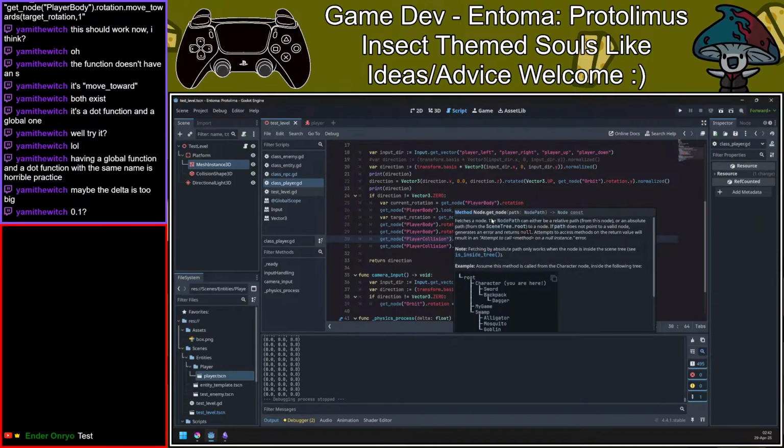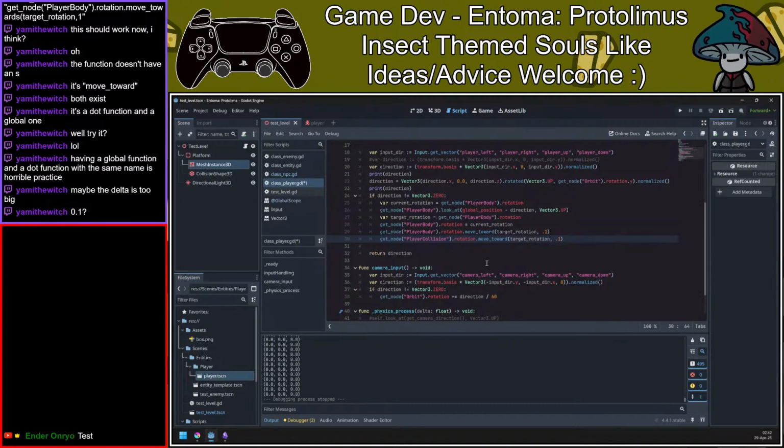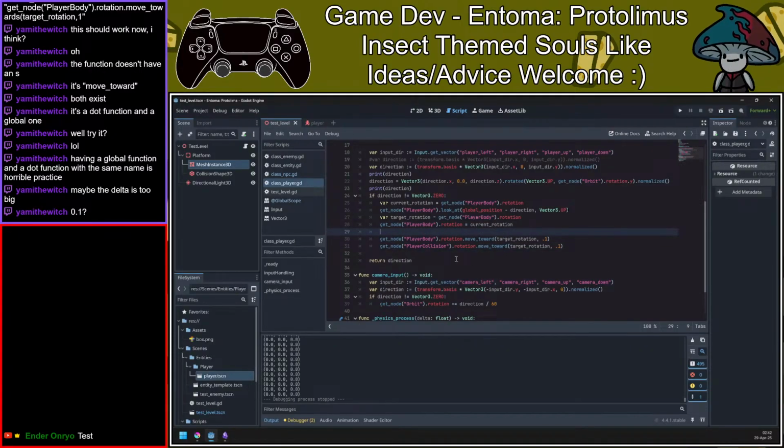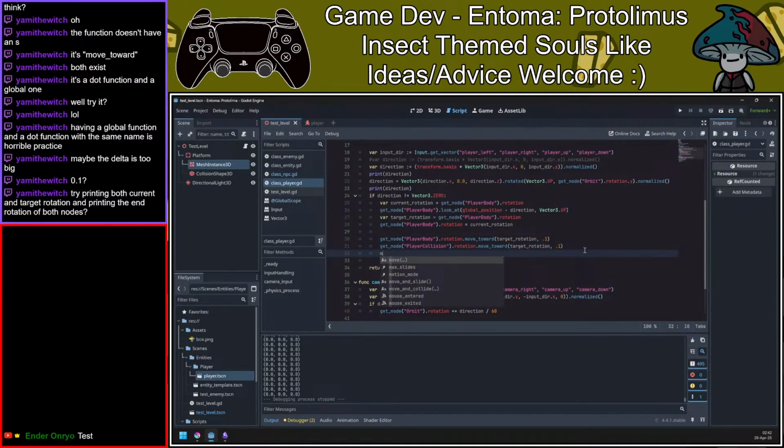Okay, current rotation, look at, target rotation, set back to original, and then wait. Oh, wait, hang on. Okay, so set original, move, set original, move. Okay, well, I don't really think I need that one. Oh, hang on.